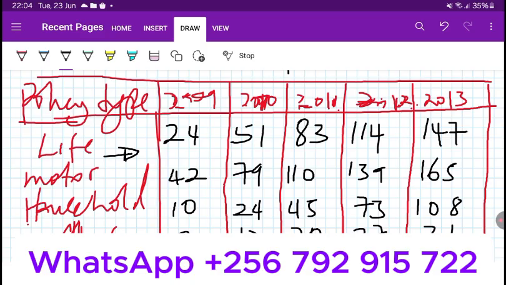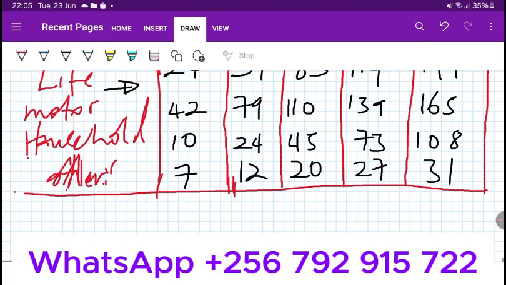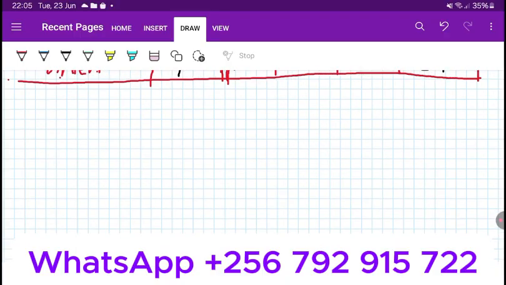So the implication here is that what we are going to put on our key will be the years. Either way, you are going to be right, whether you take this or you draw using the other one.